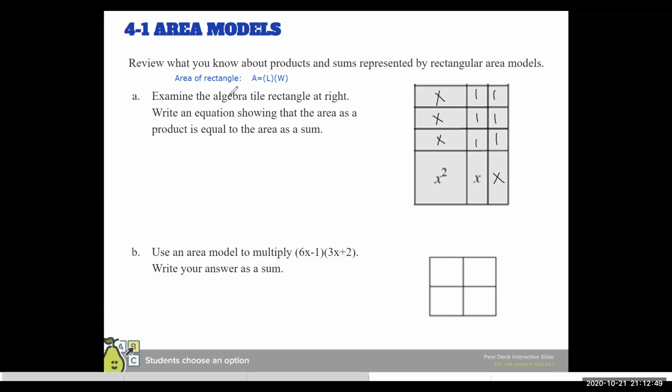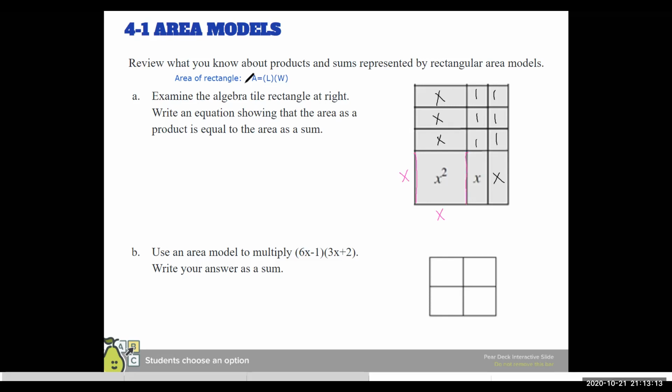Now let's get our length and width on the outside. So I'm going to do this in pink. So the larger square, x squared, is a product of x times x along the edges. And then to get the other parts of the inside using a product, I noticed that this little edge here is x, which means that this length is also x.